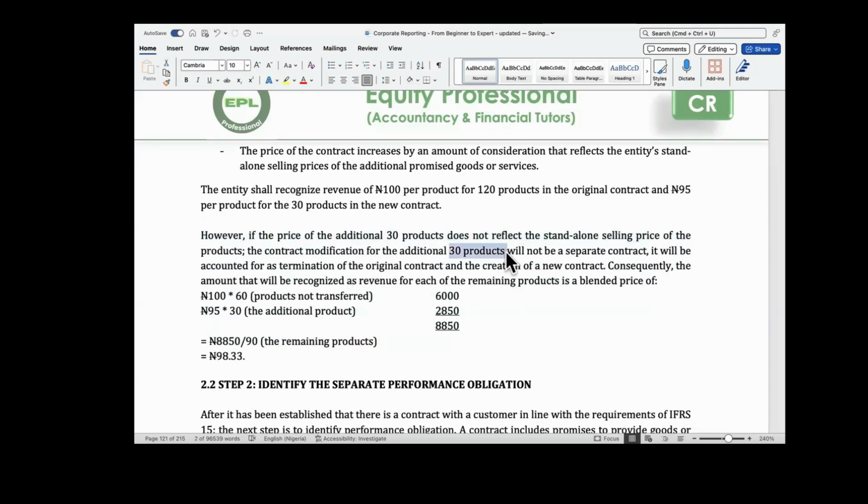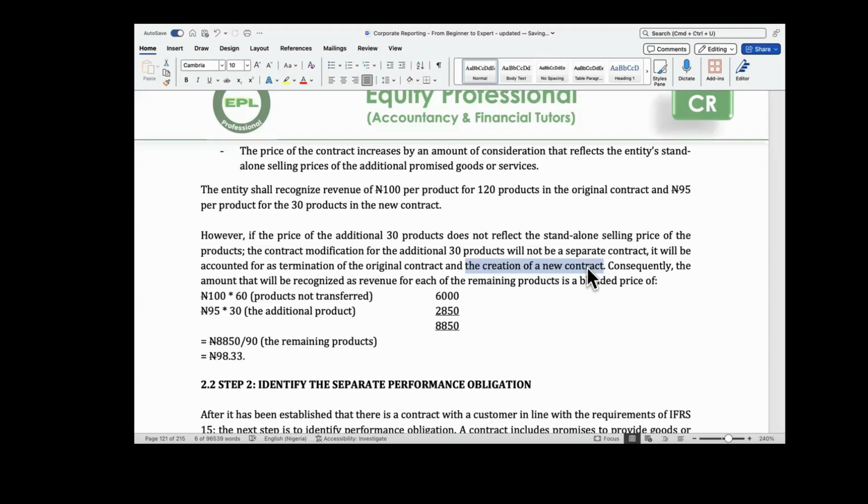That modification would be a termination of the original contract and the creation of a new one, so it is a new contract entirely. We're going to create a new contract for the entire 150 and terminate the original.